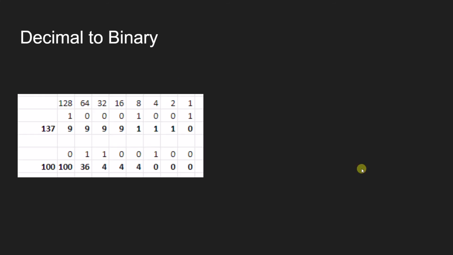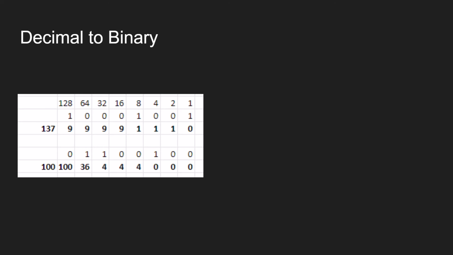To go the other way, we've got to do the equivalent of dividing by powers of 10, or in this case, powers of 2. So we start as far to the left as we can and think, can I divide 137 by 128? And the answer is yes.